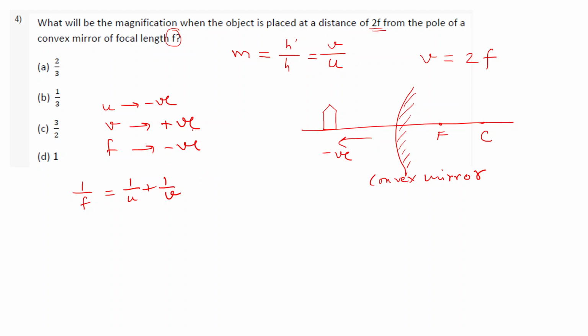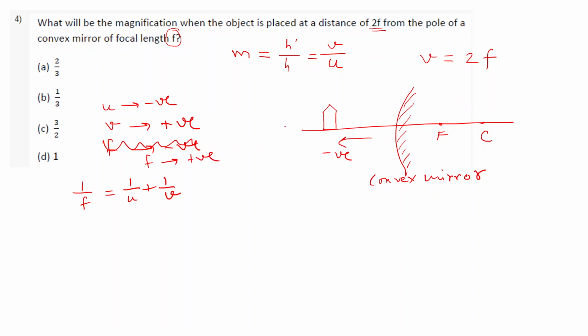Okay, but wait, this could be different here for a convex mirror. So let's not say anything about this, but these two values we know will be positive. In fact, I think it should be found on this side. This could be different depending on the magnitude of u and v. But from this graph we can see that f is on the other side, so even this we can consider positive because it's on the right side.